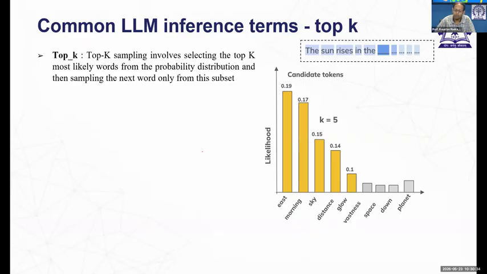Now the question is, the sun rises in the, fill in the blank. How is the LLM going to fill that particular blank? One idea is that it has to find a word. From where can it find a word? The LLM has its vocabulary.